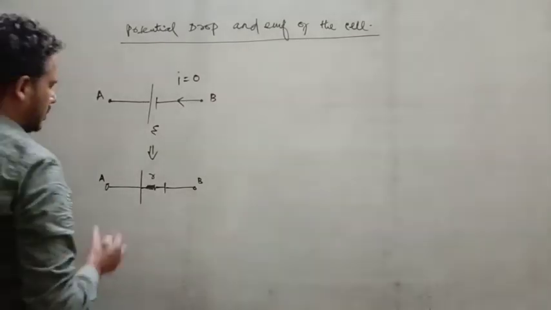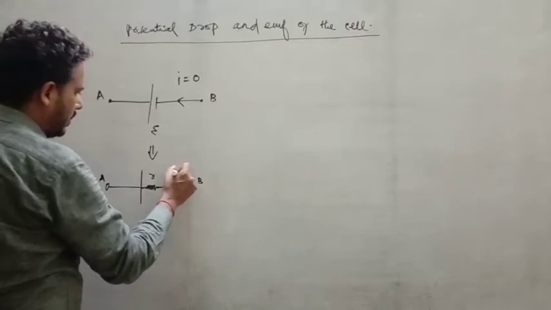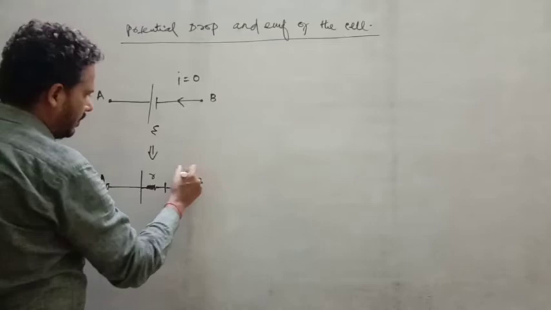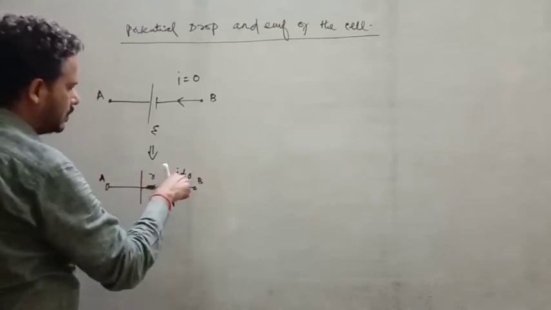Suppose there is no current flowing in this EMF, that means I is equal to 0.